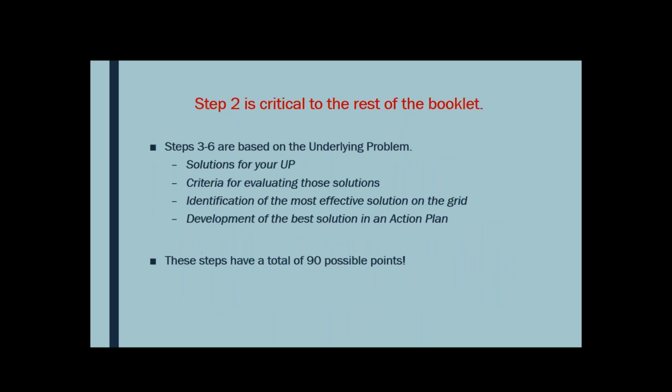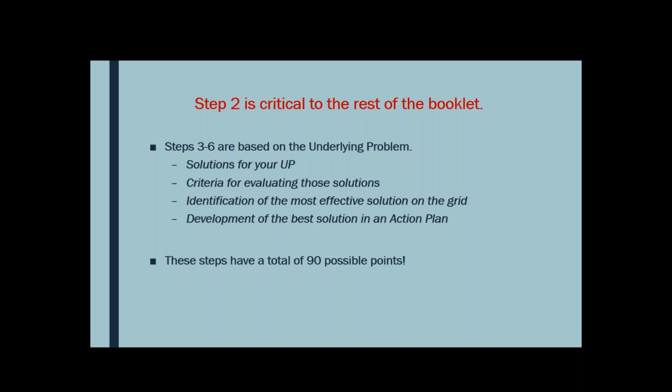Now, this last slide is one that I am appealing to the coaches to understand how critical this is, that the students learn how to do this in order to get the points that they're going to have opportunities for in the rest of the booklet. Steps 3 through 6 are based on that underlying problem. Your solutions have to address this UP. The criteria that you write to evaluate your solutions will be based on this UP.